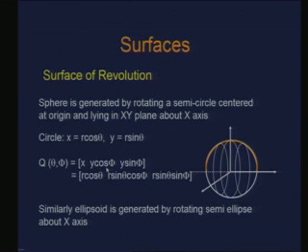Okay. So, looking at some examples, right. So, I can actually construct a sphere by rotating a semicircle centered at the origin and lying in x y plane, right. So, if I look at the definition of the circle in parametric form, the parameter which is being used here is theta, is given as x = r cos theta, y = r sin theta, right.